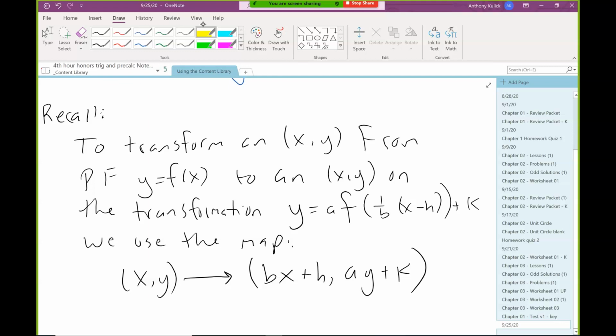All right. And we recognize this, right? Again, we use this in chapter 1 to do our transformations.